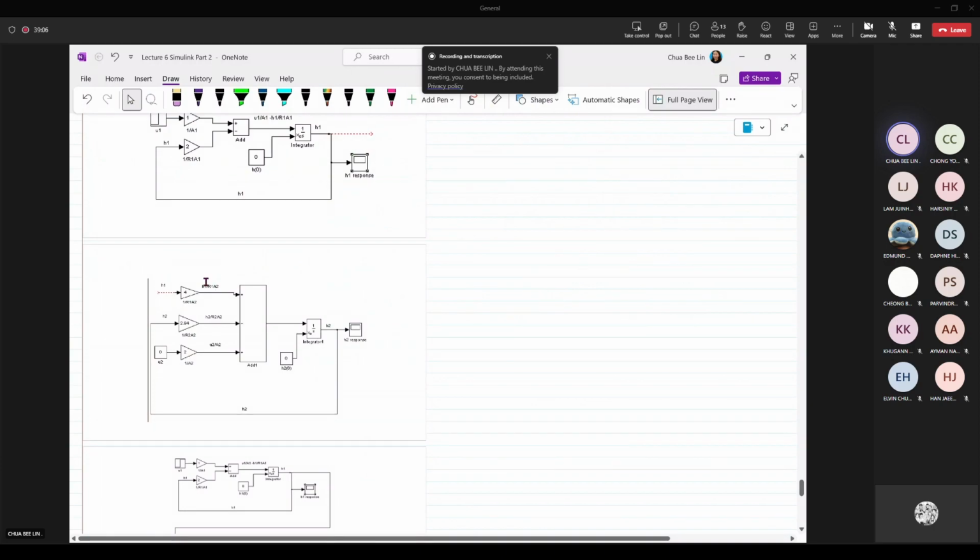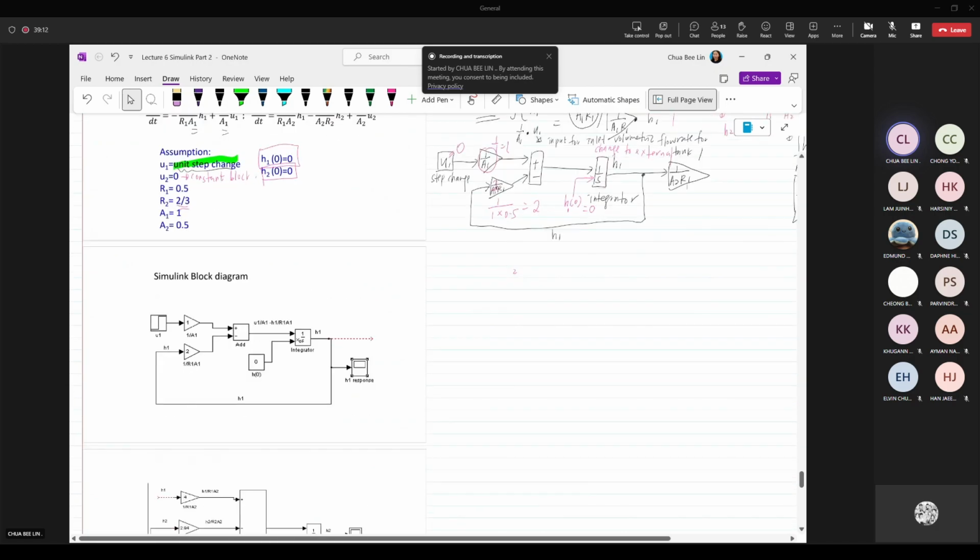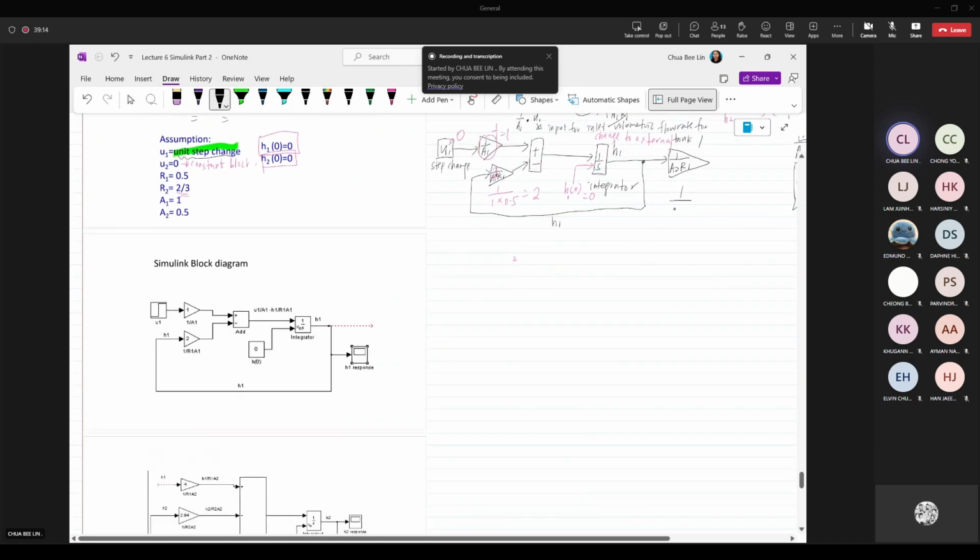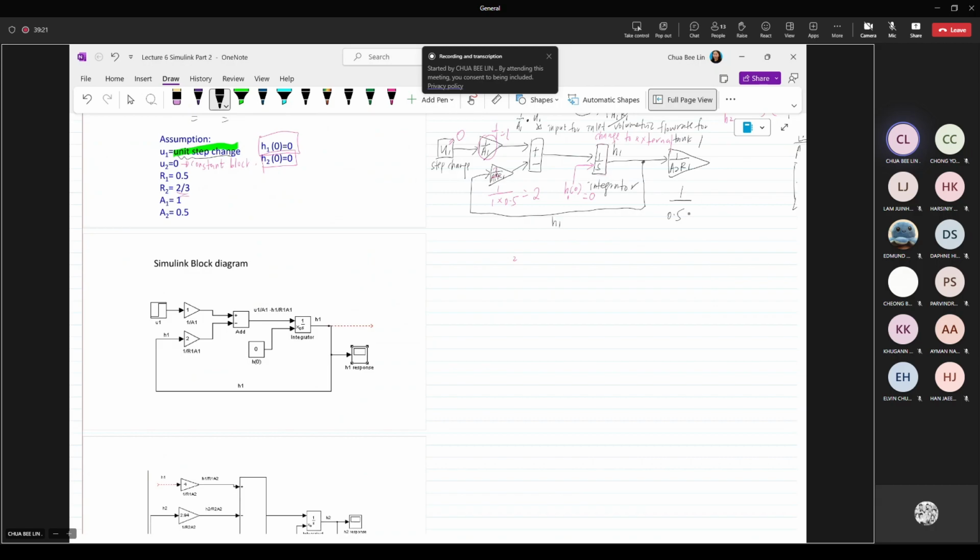So 1 over A2 R1. Okay, so you will multiply, then you sub in the value. What is the value of A2? The A2 is 0.5, and then your R1 is 0.5. And this will give you the answer.